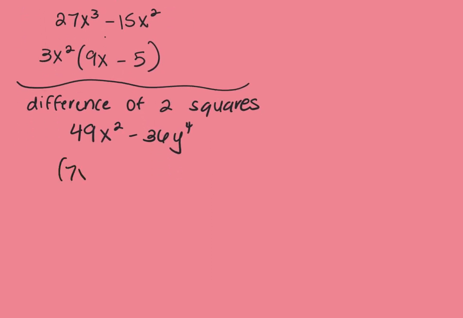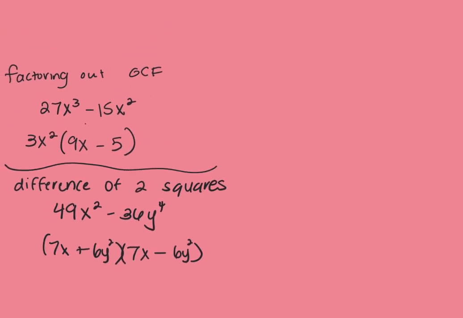So this would be 7x in the first spot, and then 6y squared in the second spot, and one would get a plus and one would get a minus. And then the one on the right is the difference, but those are not perfect squares. They both have to be perfect squares. Even if they were numerically perfect squares, the x to the first means it's not a perfect square. So that would have been where I stopped there.